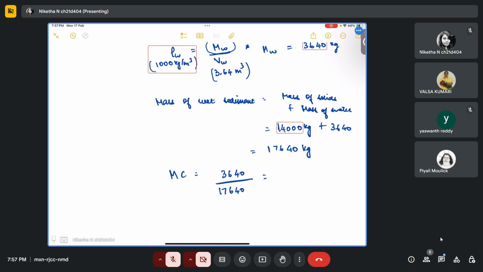How much is this? So it is 0.2. So the moisture content is 0.2.